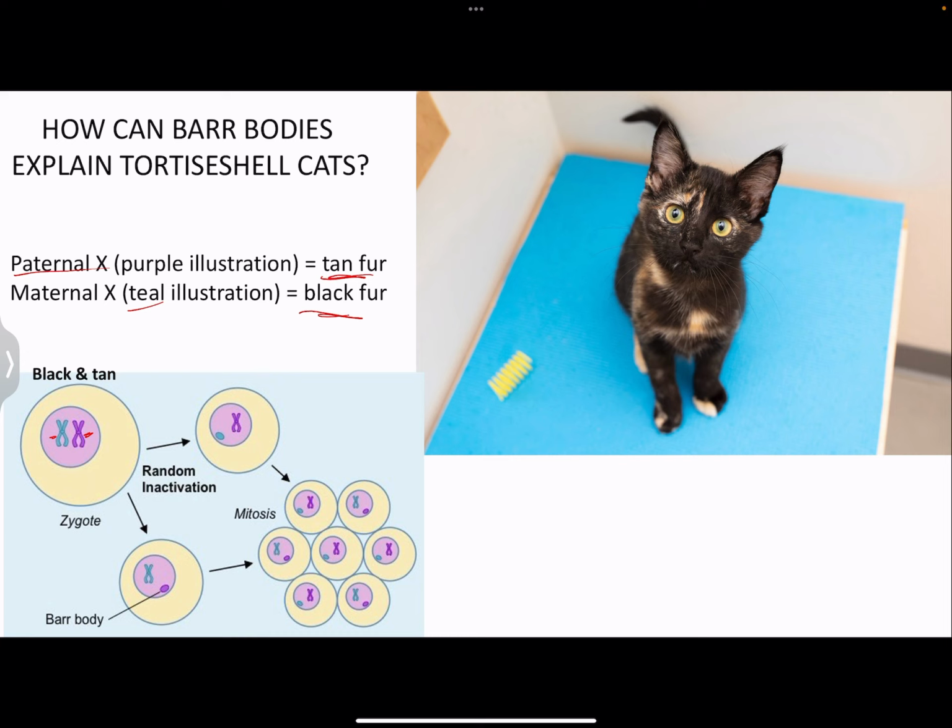And again, we're going to have these just completely random inactivations, and so this one's descendants will express the black color, and this one's descendants will express the tan color. And so if we kind of play that out and continue playing that out, we're going to get little pockets where some areas are black and some areas are tan.